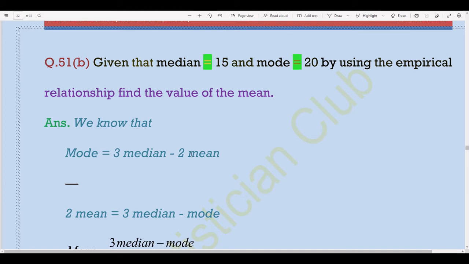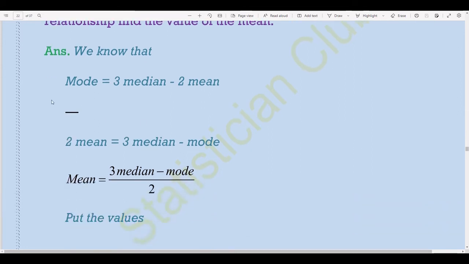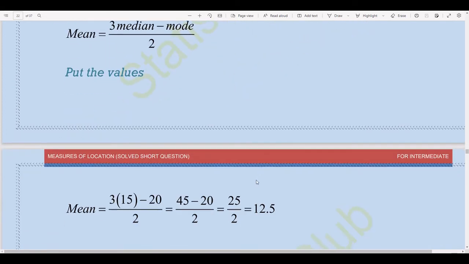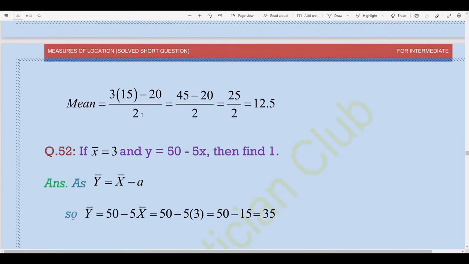Taking this term on the left side and mode on the right side, 2 mean is equal to 3 median minus mode. This plus sign converts into minus and this minus converts into plus. Mean is equal to 3 median minus mode over 2. Put values: 3 into 15 minus 20 by 2. The answer is 12.5.